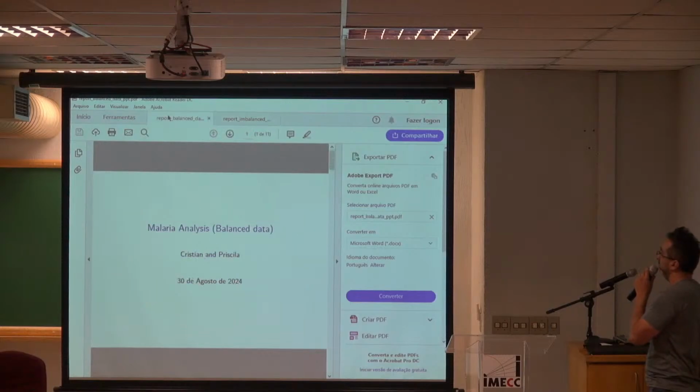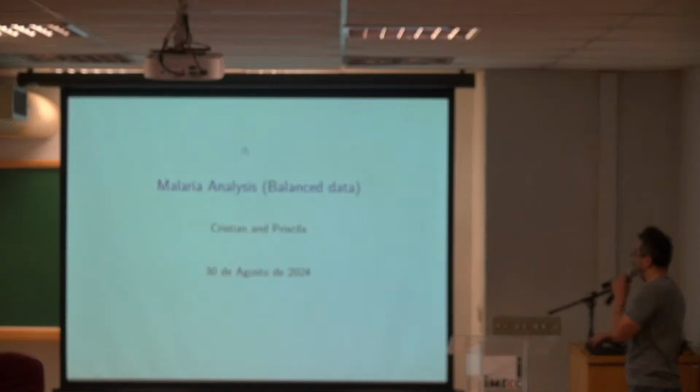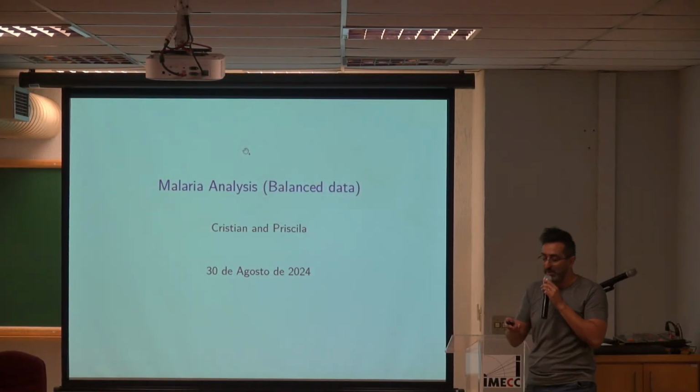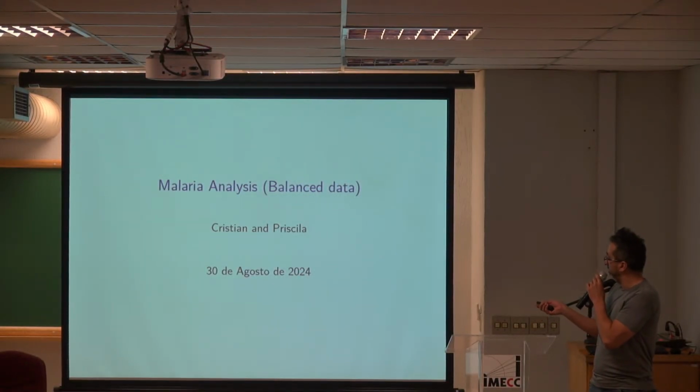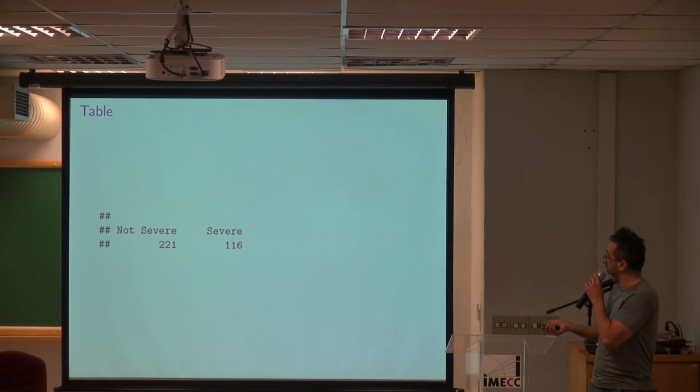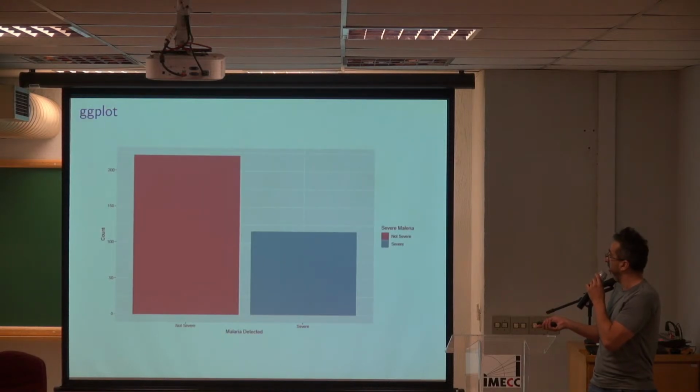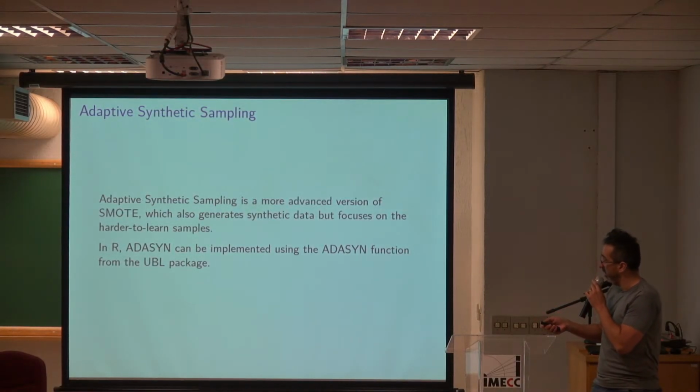In the second file, we tried to present it in a brief way, without too many details. So here is the balanced data, as Priscilla told you. At the beginning it was in those two numbers, and with this plot that Priscilla also showed you.